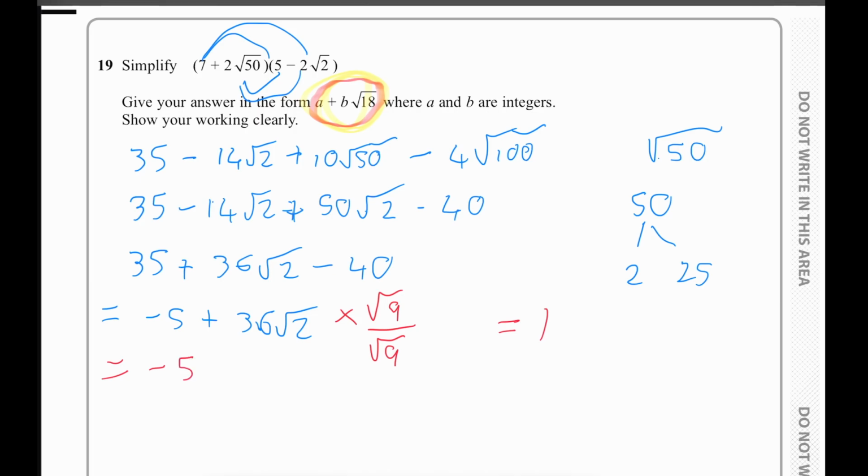Carrying on, we've got that minus 5 hasn't changed, plus 36 root 18, because root 2 times root 9, over root 9, and root 9 is essentially just 3, so 36 divided by 3 is 12 root 18, and that's my answer.